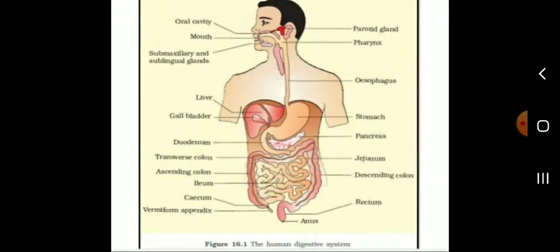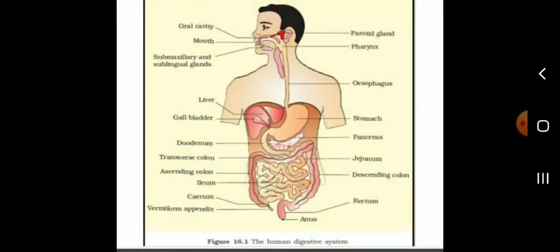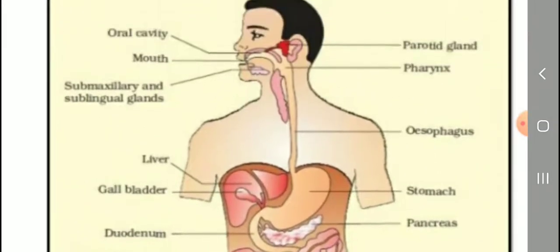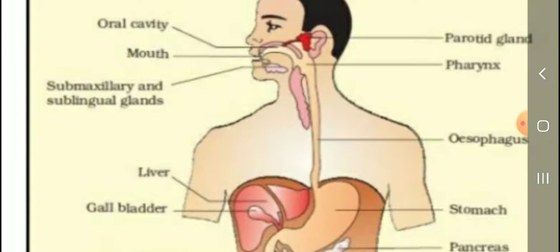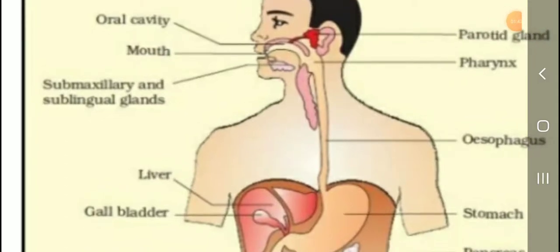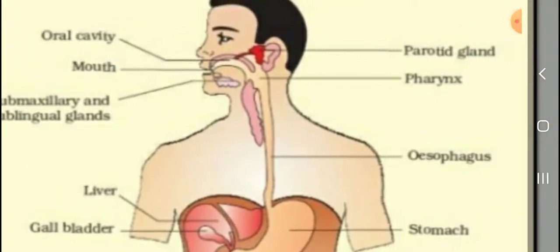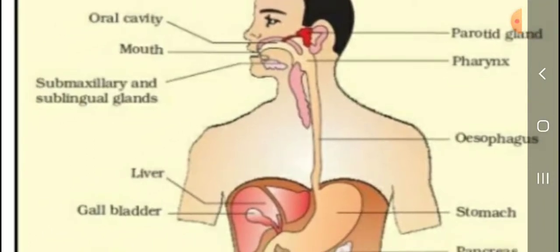See, this is the human digestive system. See the picture, students. This is the oral cavity, and this one is the mouth, parotid gland, pharynx, submaxillary and sublingual gland.